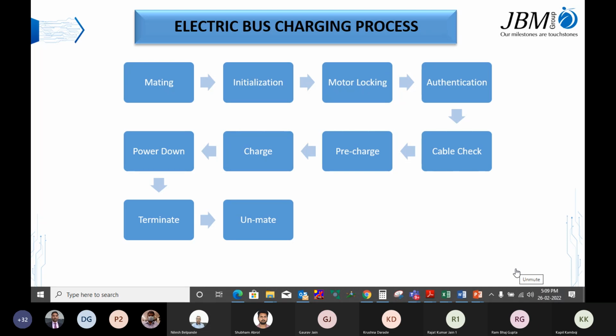The first step is mating. When the charging gun is connected to the vehicle, it goes to the initialization phase. In this initialization, the charger sends the CP and PP messages to the EVCC.